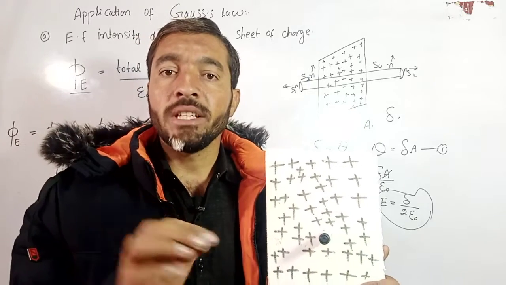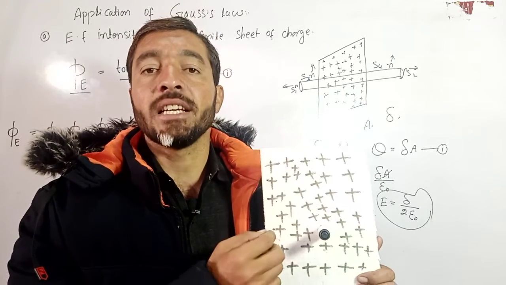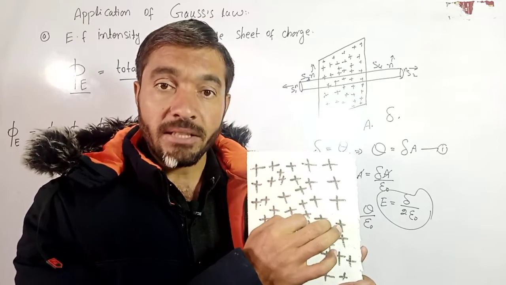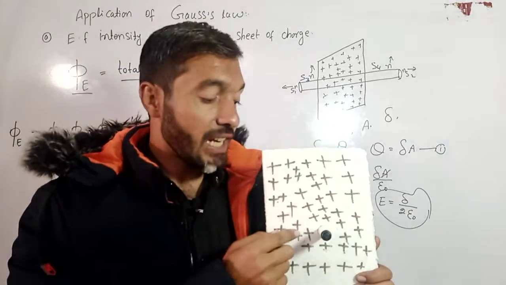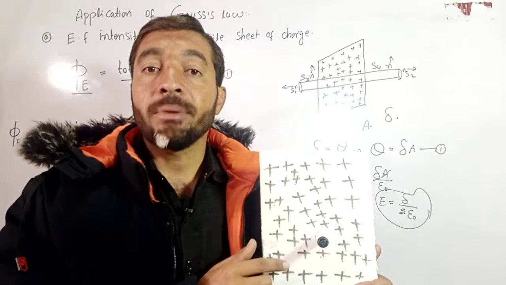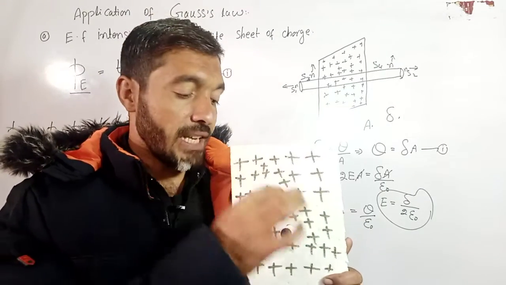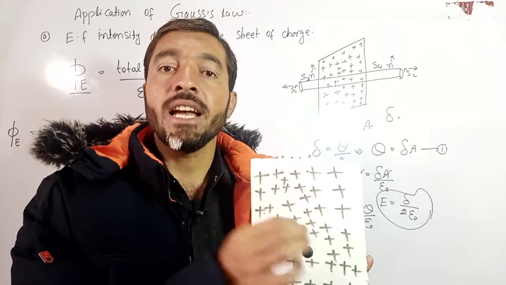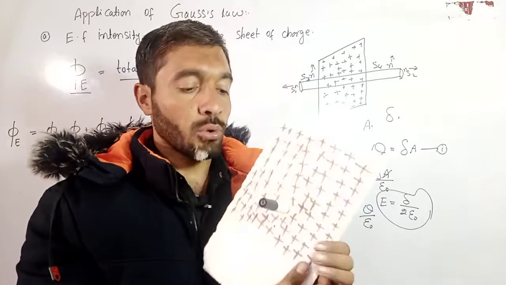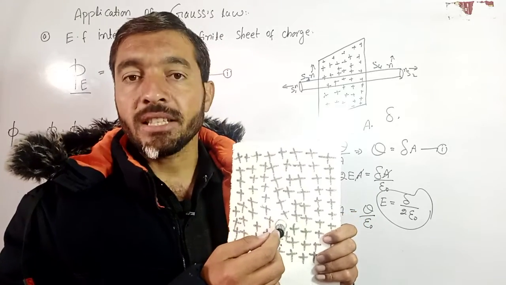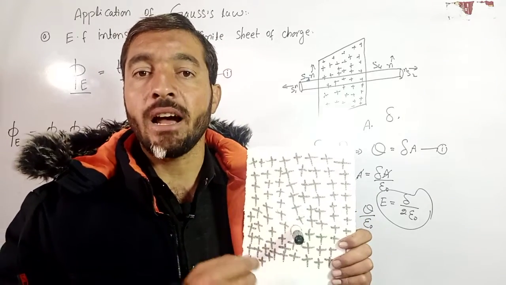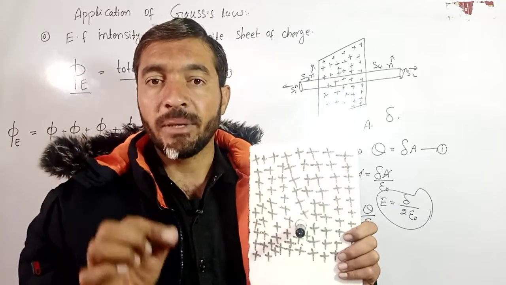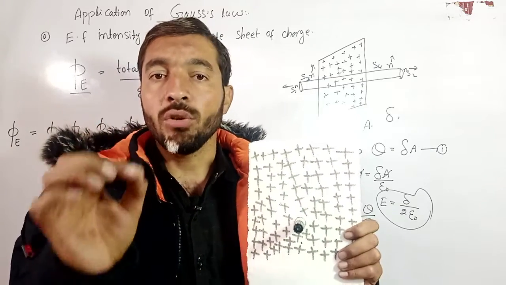So the angle between the direction of this surface and the electric field is zero. The direction of this surface is upward, and the direction of the electric field lines is toward you. Also, for the surface whose direction is toward you, the electric field lines are also toward you, so the angle between them is equal to zero.